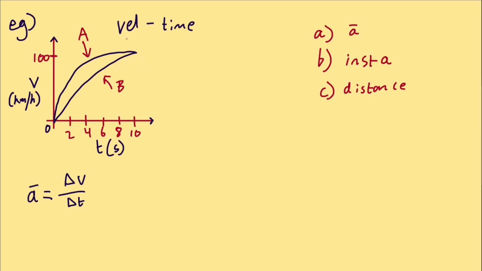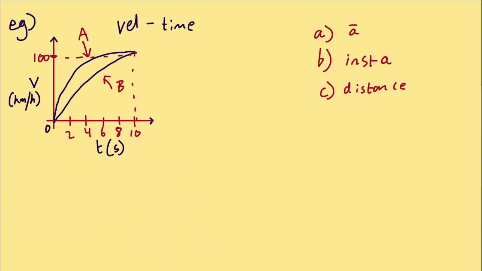If you think about it, both cars actually have the same change in velocity and the same time, because they both travel for 10 seconds and they both reach the same spot. So they actually have the same average acceleration, which is 100, which you take from here, 100 kilometers an hour over 10 seconds. So that's the average acceleration. It's the exact same for both cars.